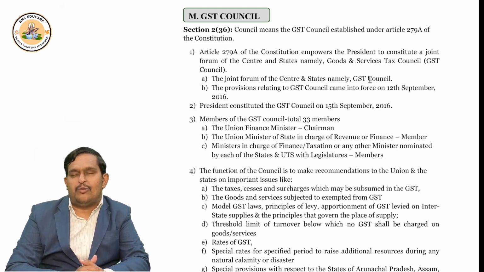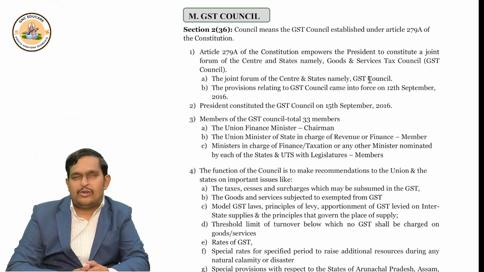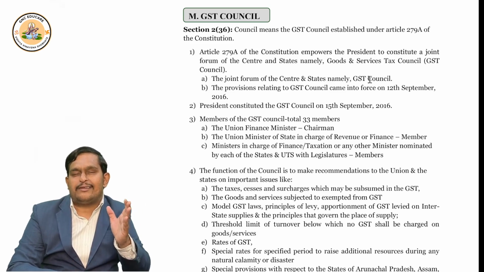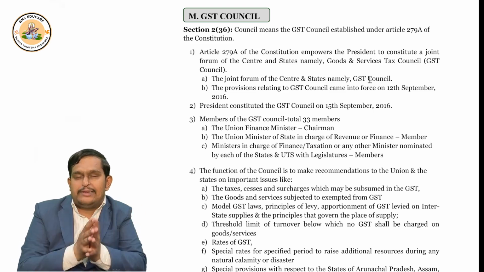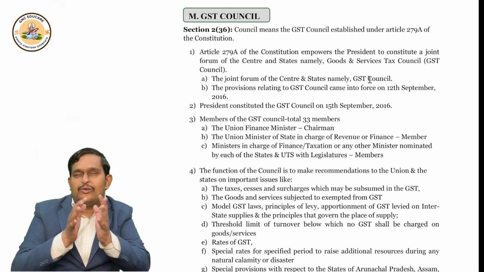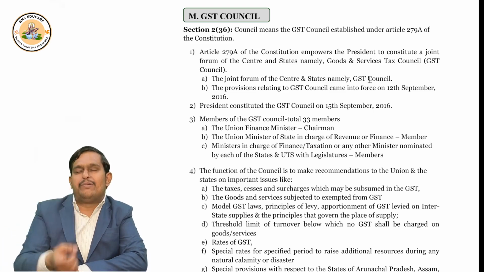Now let me tell you what is the need. Ultimately, in our Constitution, we have seen List 1, List 2, List 3, correct? Each list gives separate powers to the center and separate powers to the state. But here for GST, they have to work together on something, they have to agree and implement.